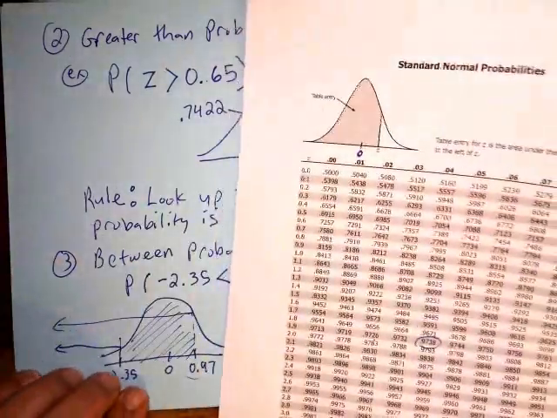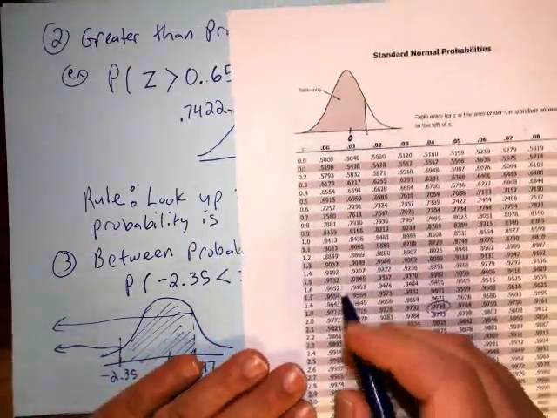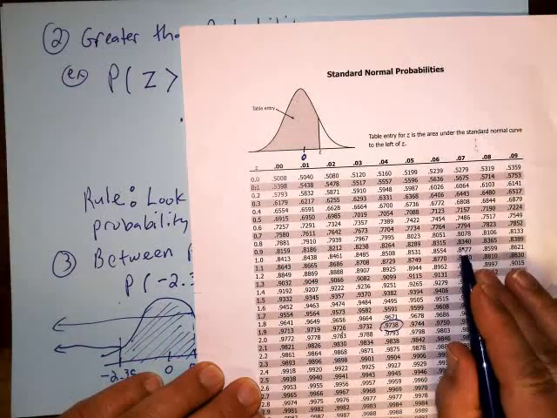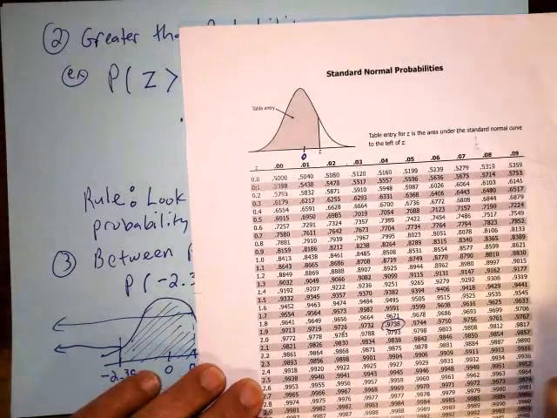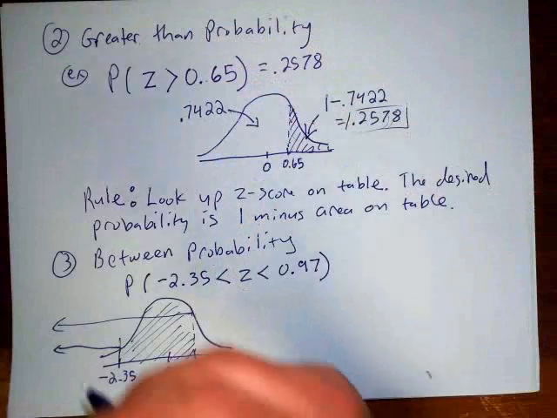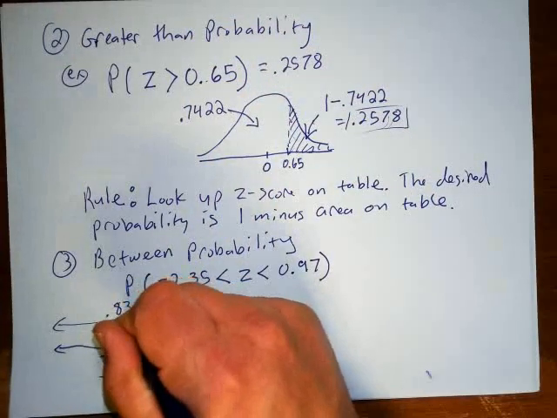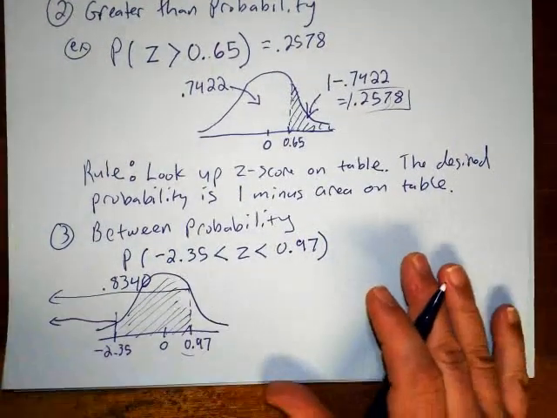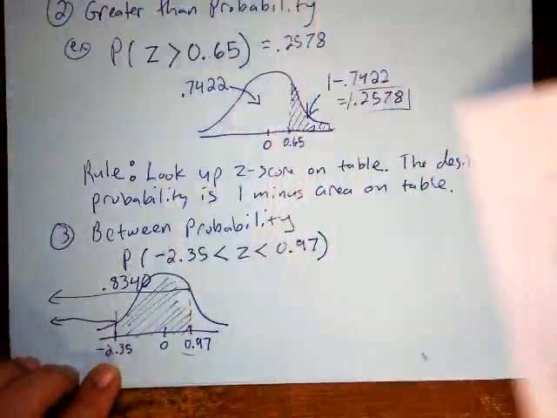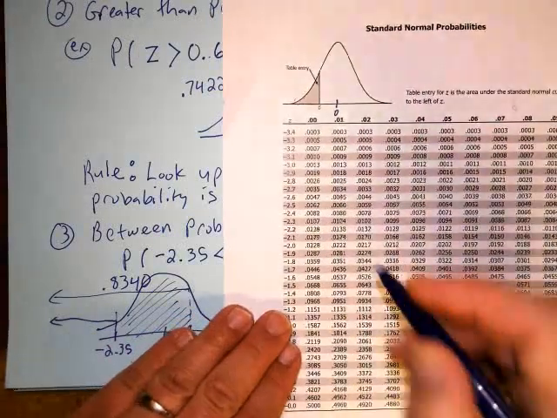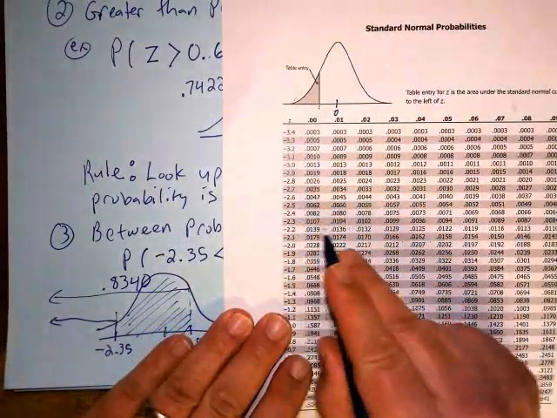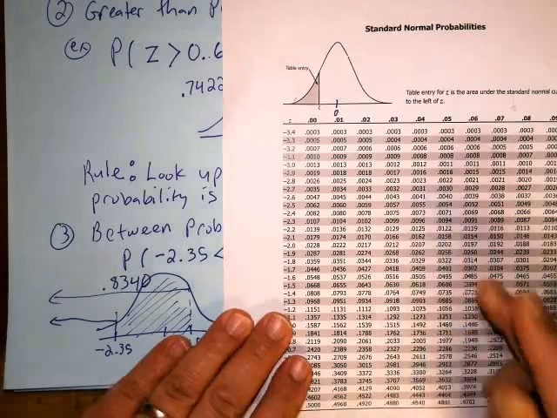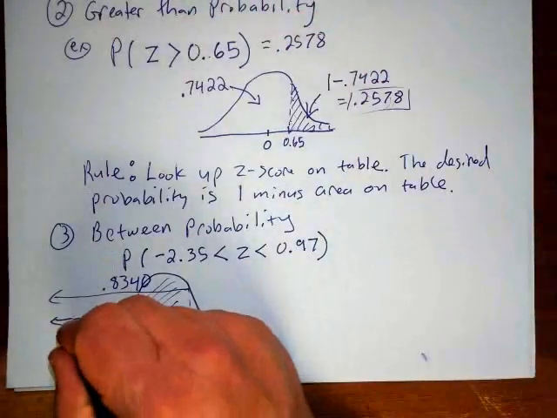Okay, so let's look at it. On the positive side, I look up 0.97, and I get 0.8340. Then I look up negative 2.35 on the negative side, and I get 0.0094.